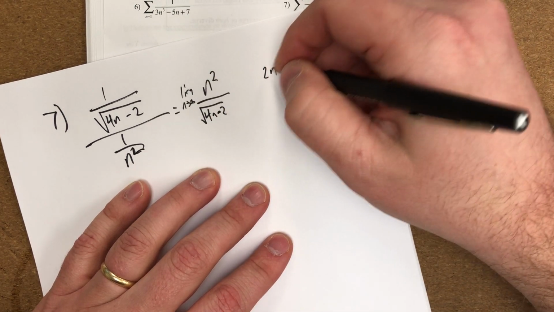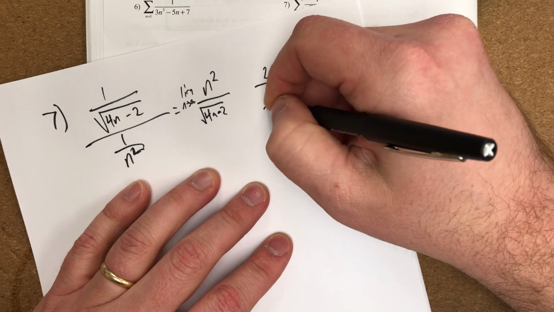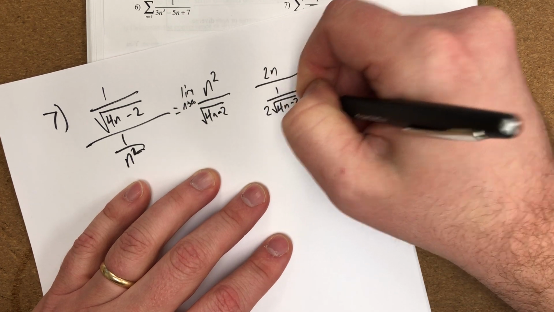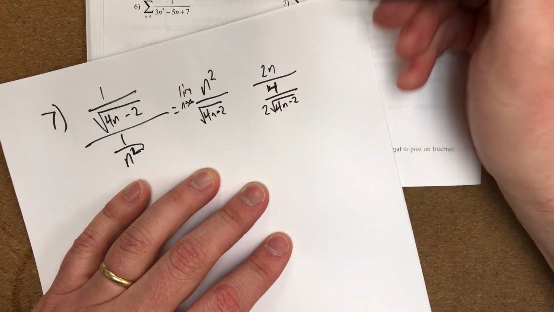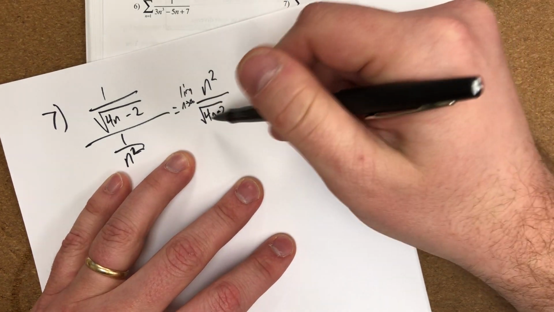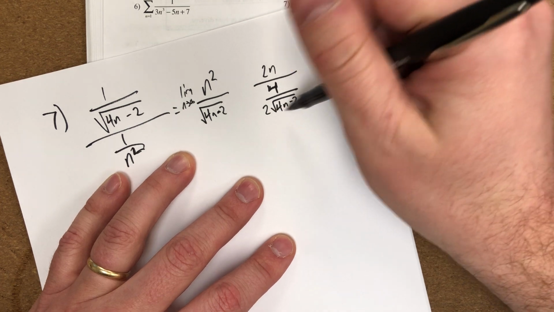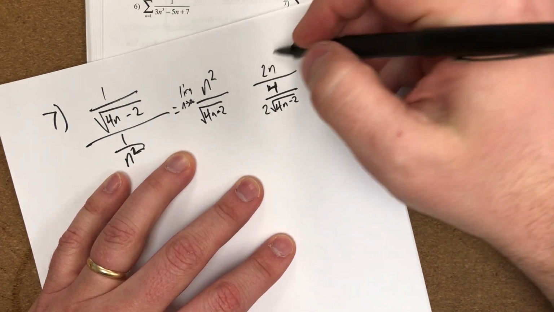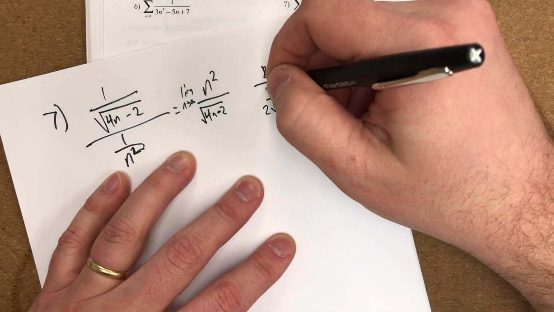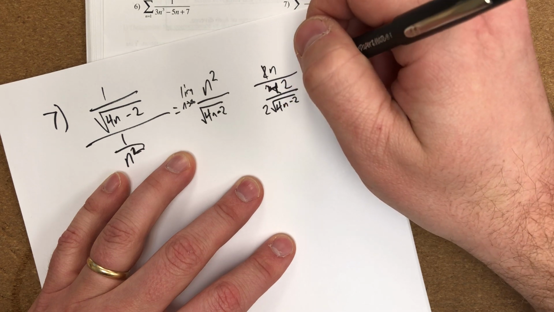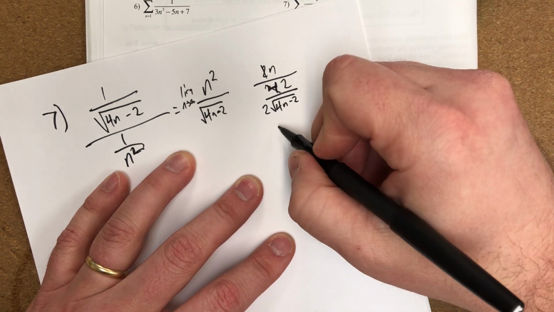so I'll do L'Hopital's rule. So that was 1 over the square root with a 2 out. It's 1/2 times 1 over the square root and then multiply the derivative of the inside. Can cancel that. I can flip this up.